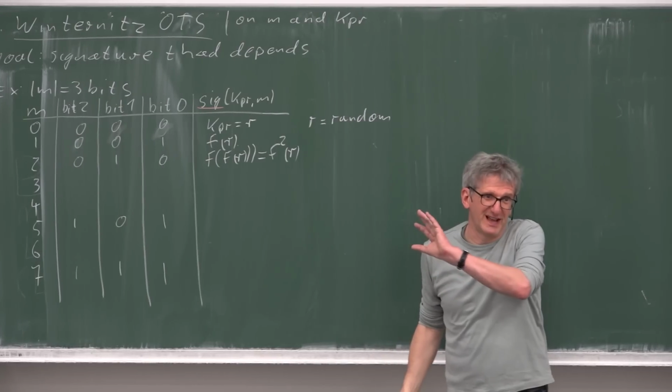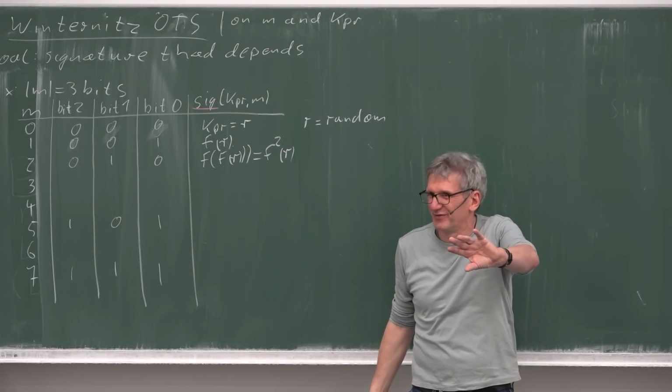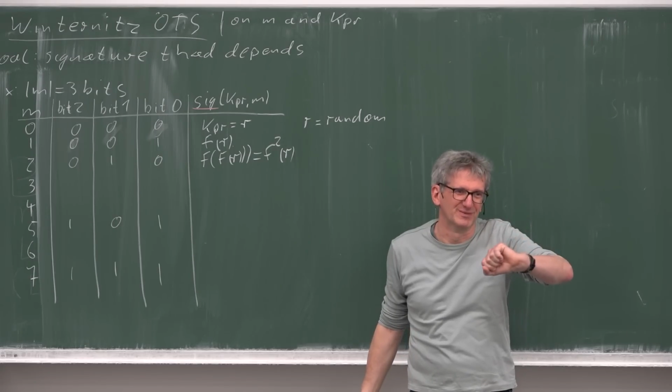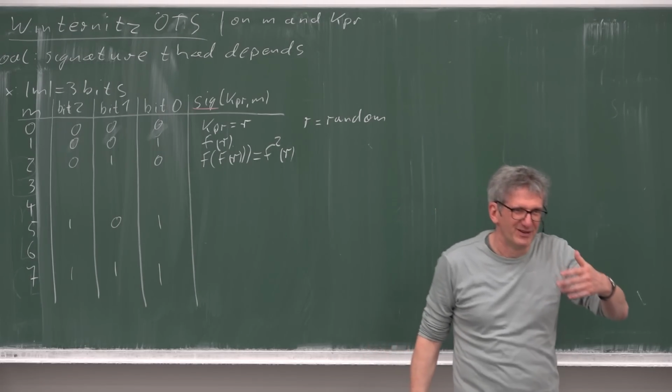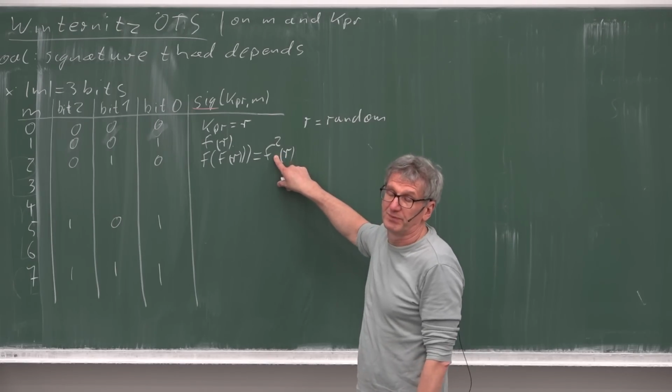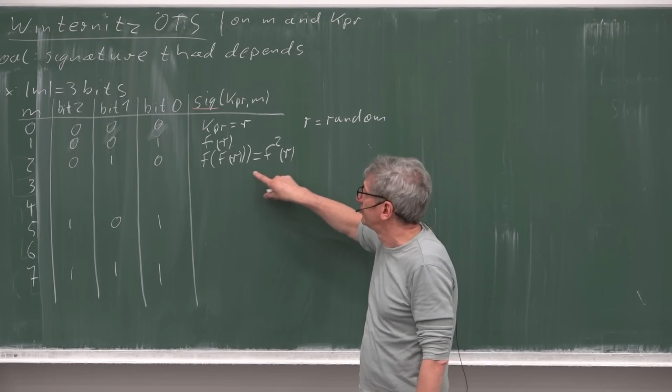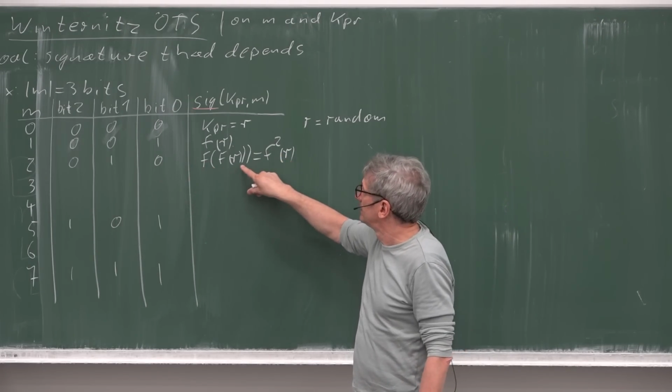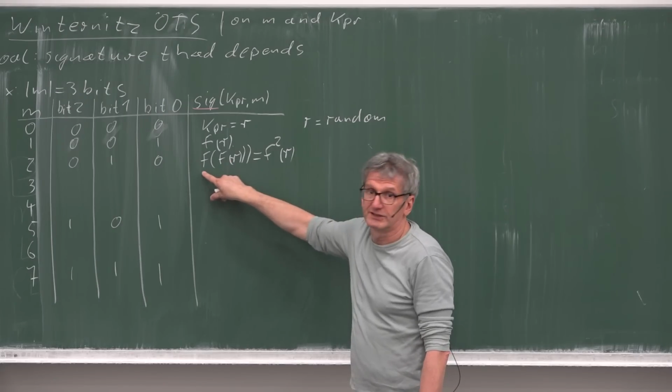This is not the algebraic f square we know from school, right? This is not 5 squared equals 25. This is a notation: please apply the function 2 times iteratively. Hashing once, hashing twice.